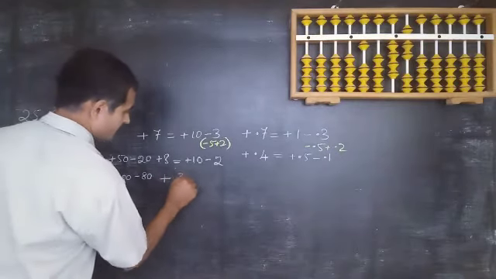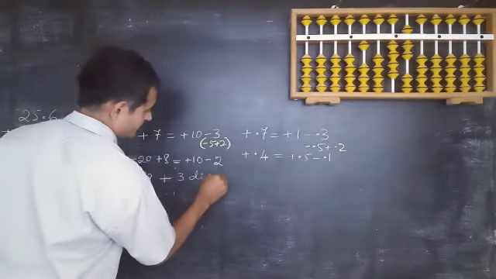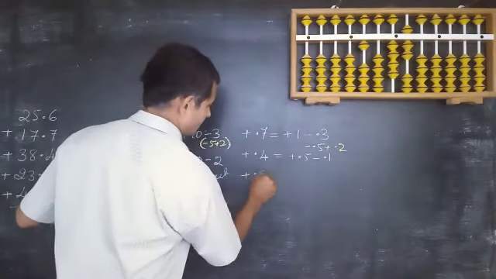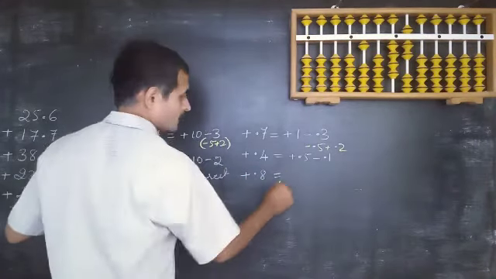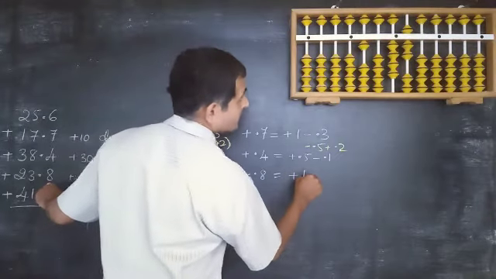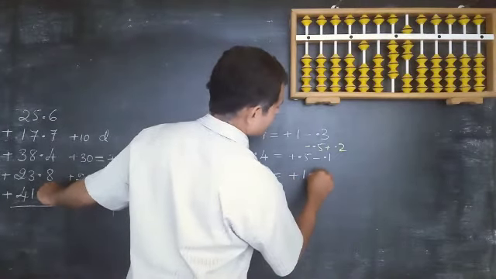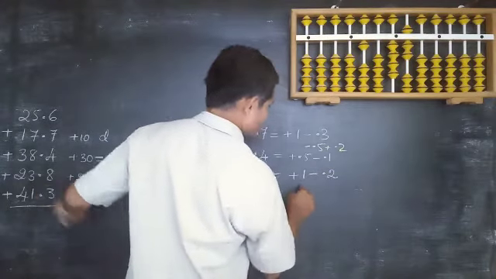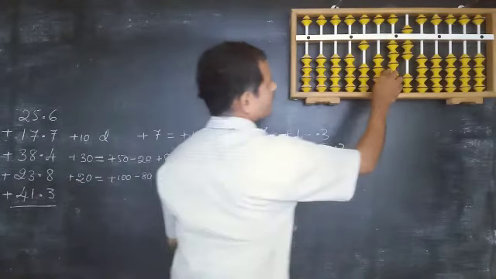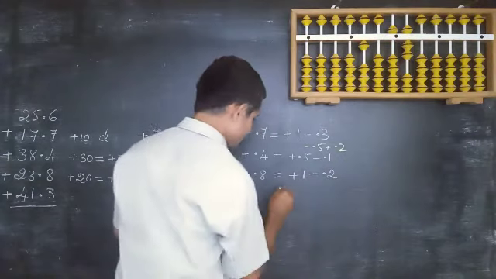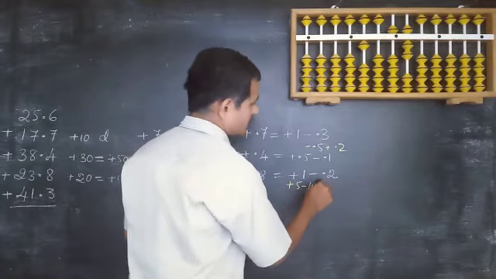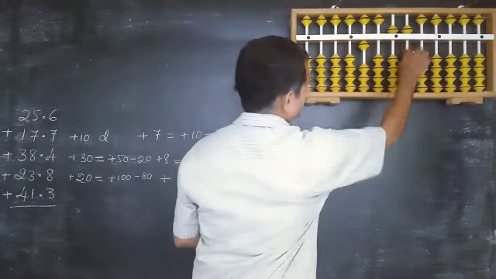Plus 0.8 is equal to plus 1 minus 0.2. Plus 1 is not possible, so plus 1 equals plus 5 minus 4, minus 0.2.